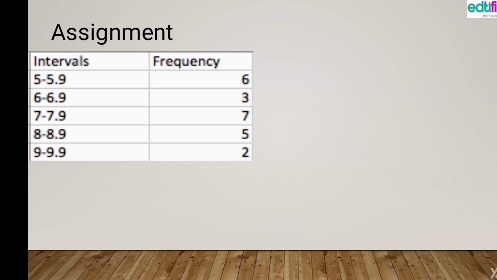And the frequencies are given: from 5 to 5.9, we have 6 students. 6 to 6.9, we have 3. 7 to 7.9, we have 7, and so on and so forth.